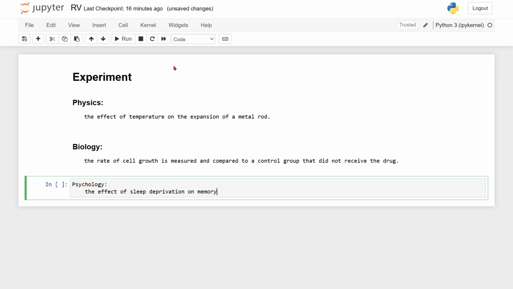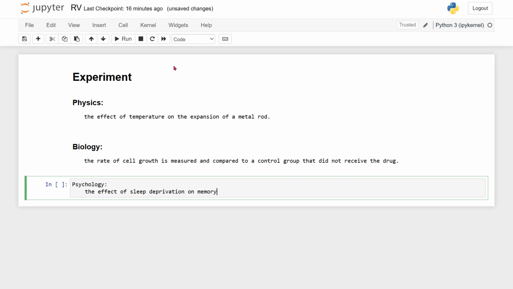Participants are randomly assigned to two groups. One group stays awake all night while the other group gets a full night's sleep. Both groups are then given a memory test the next day.